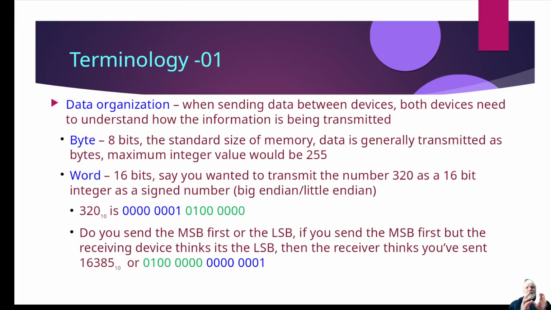However you look at it, most of these technologies for sending data group them together as a byte, but then they have to send 2 bytes for a word, or 8 bytes for a quad word, or whatever the case is. You have to send all these bytes along. So the question is, if I have a 16-bit word with 2 bytes and I'm going to send a byte at a time, which one am I going to send first?